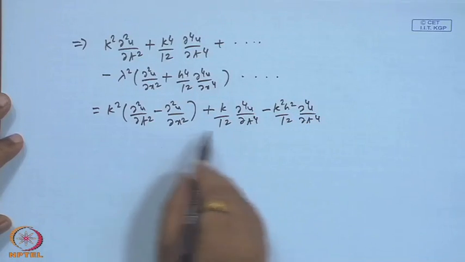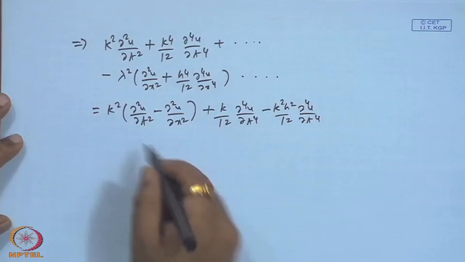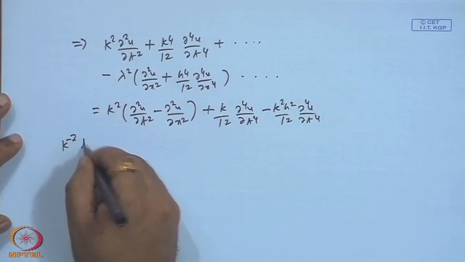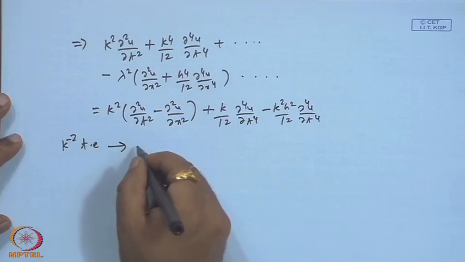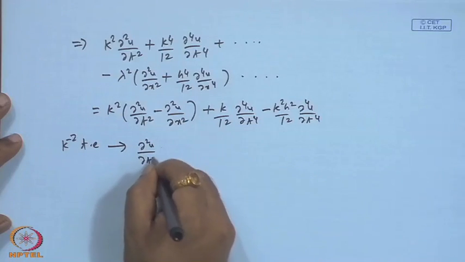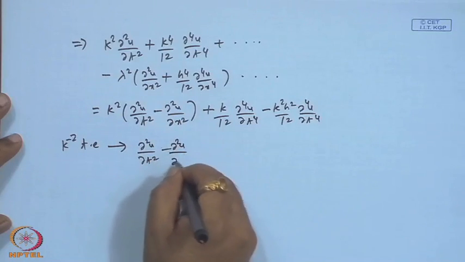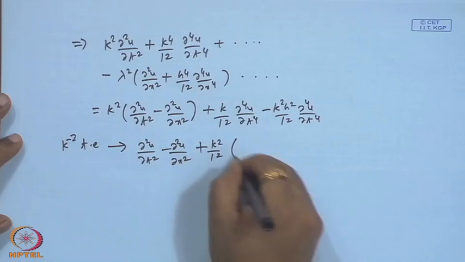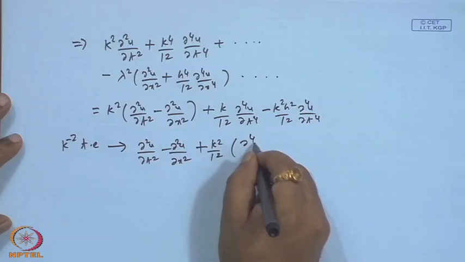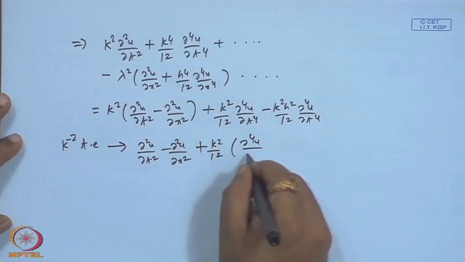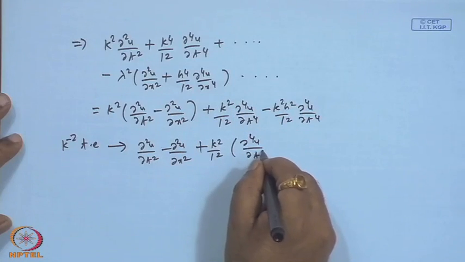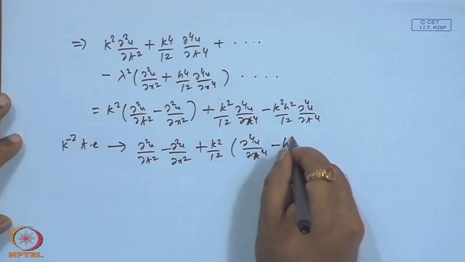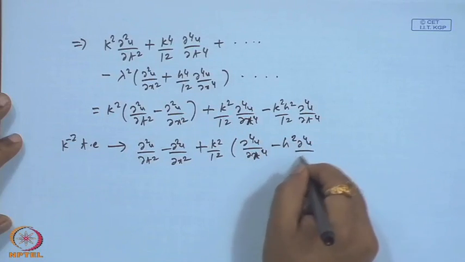We can simplify, and ultimately, with k power minus 2, the truncation error goes to a term with k square, this is x 4, minus h square.